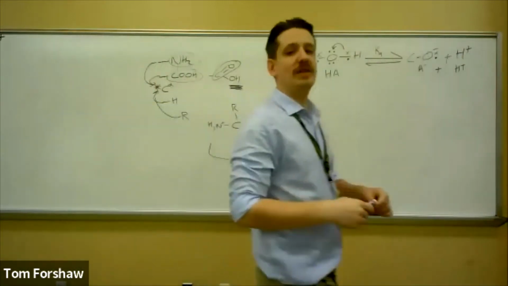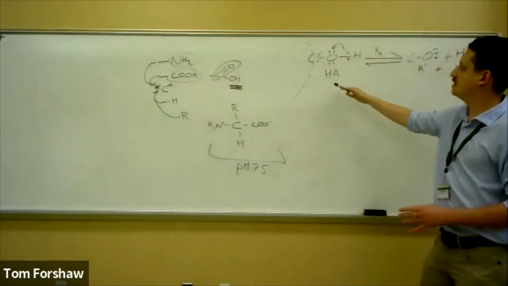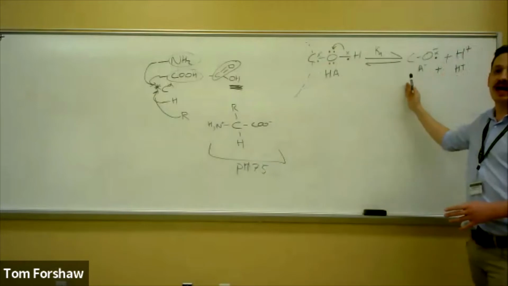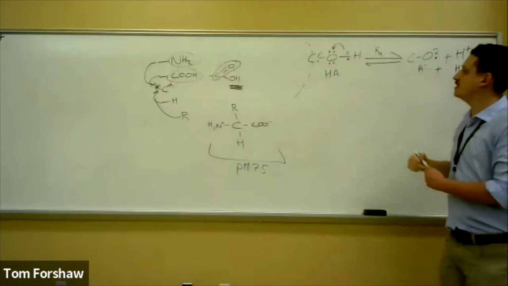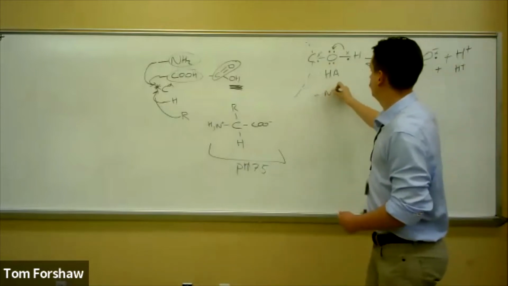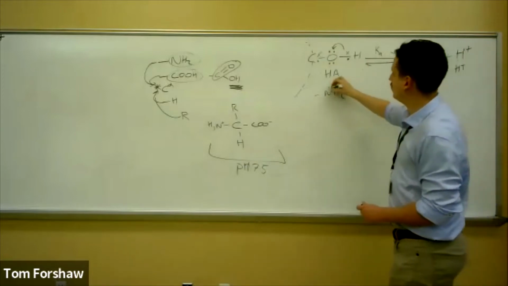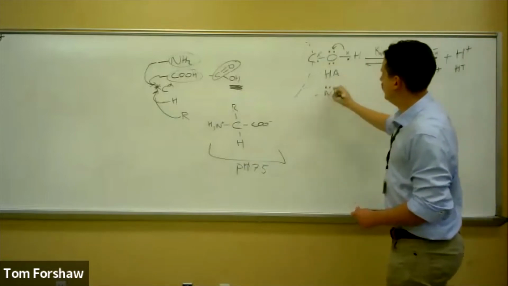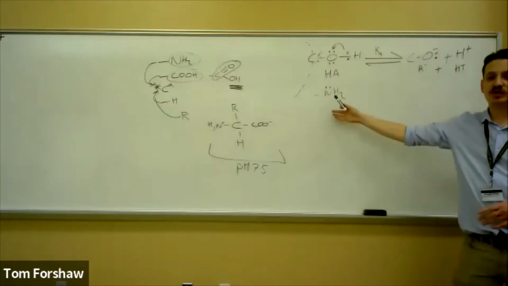And so when the environment is such that the carboxylic acid will want to give away a proton, it will become charged. Likewise, if we have, for instance, NH2 for the amine group, that nitrogen's got a lone pair of electrons as well.